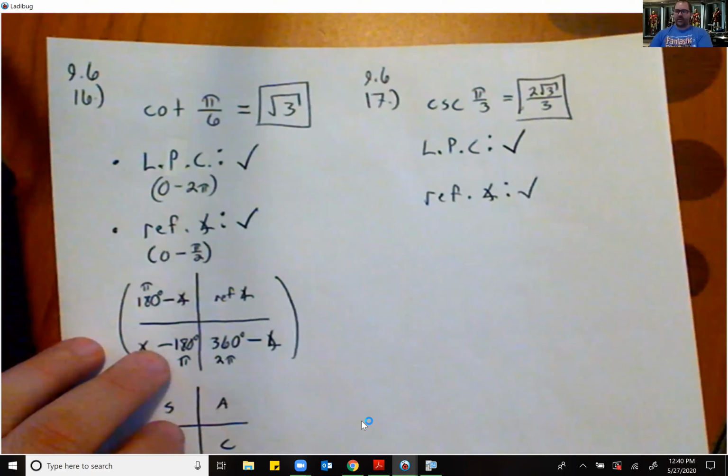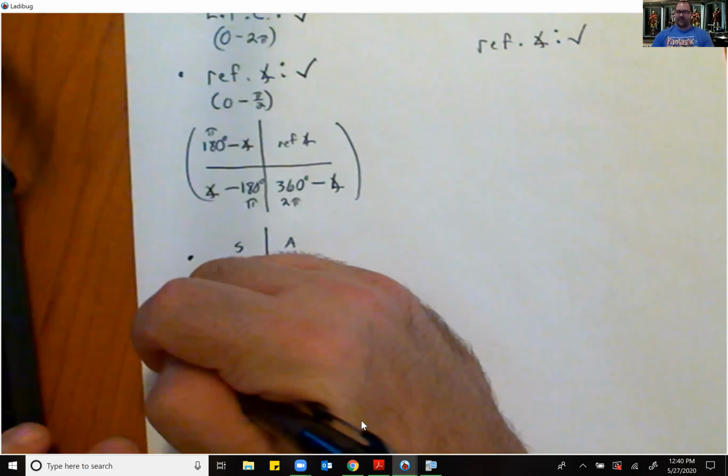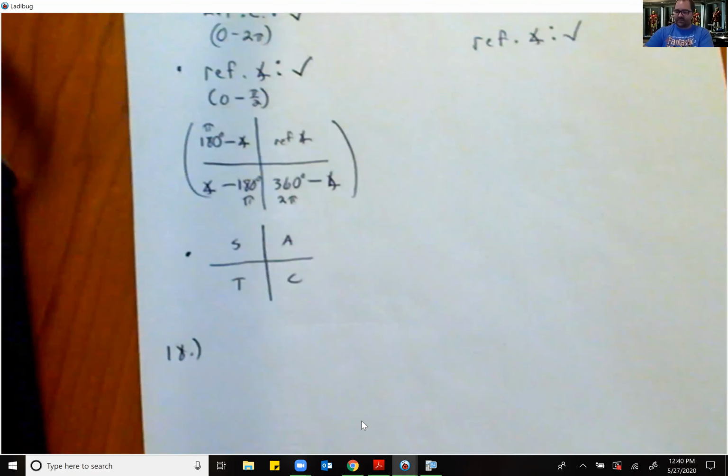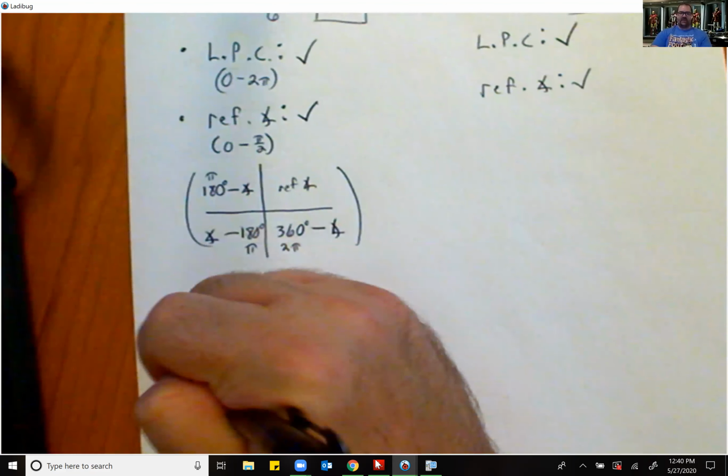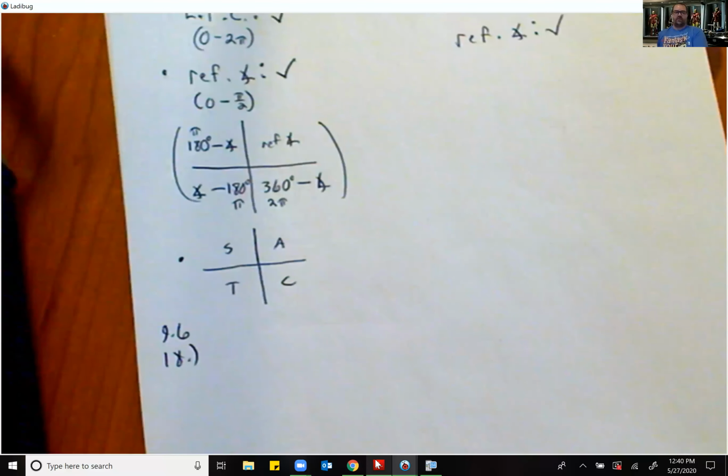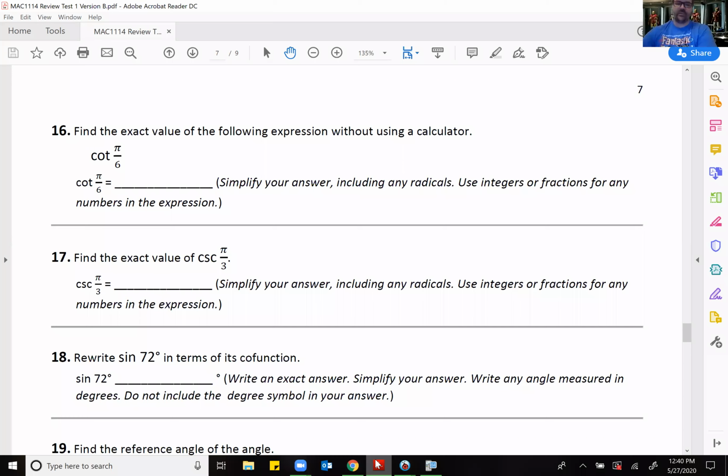All right, number 18, moving on. Easy peasy, we got this. Number 18 is 9.6, and it's just asking you about a cofunction. So who is the cofunction of sine 72 degrees?